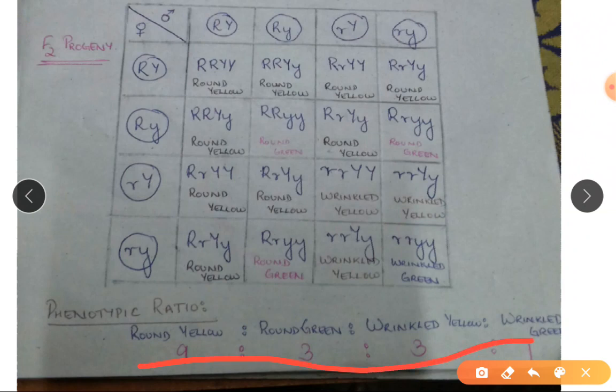If you want to go for genotypic ratio, then you have to write each one separately. You can find this is only 1. This is 2. This is again 2. These are 4. So how much is done now? 1 is to 2 is to 2 is to 4. Then you can find 1 again. So is to 1. You can find these 2.